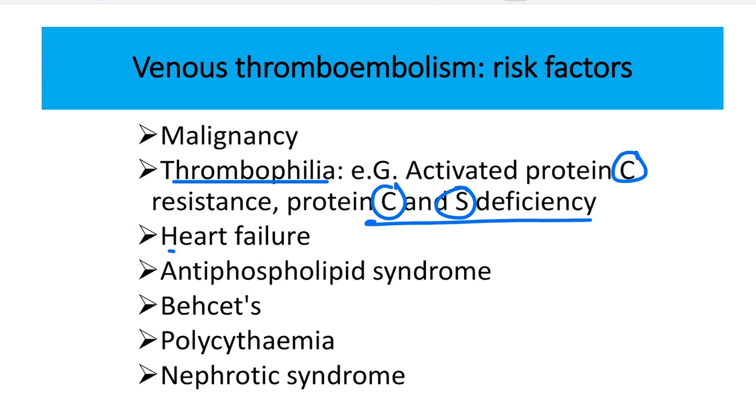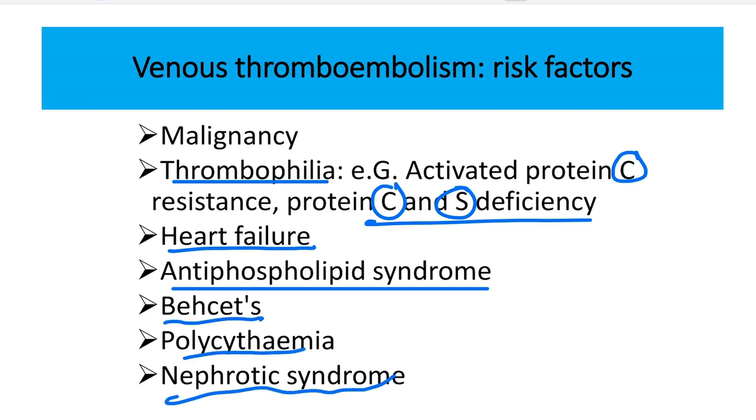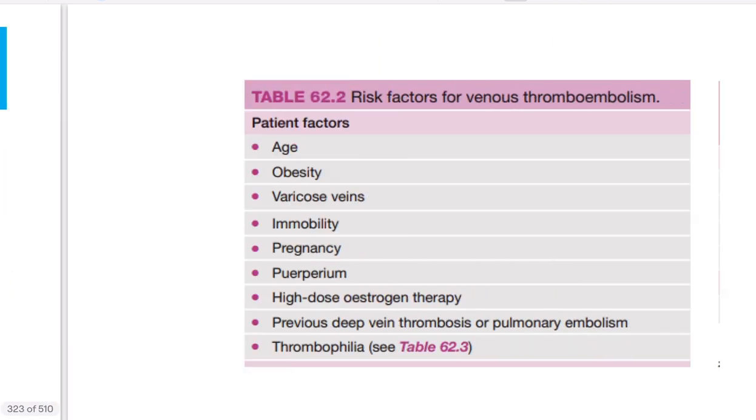Also in case of heart failure, what develops? In heart failure there is a decrease in the speed of blood circulation. Also the antiphospholipid antibody syndrome, in this condition there is also development of venous thromboembolism. Also Behçet's disease, polycythemia, and nephrotic syndrome are also responsible for development of venous thromboembolism.